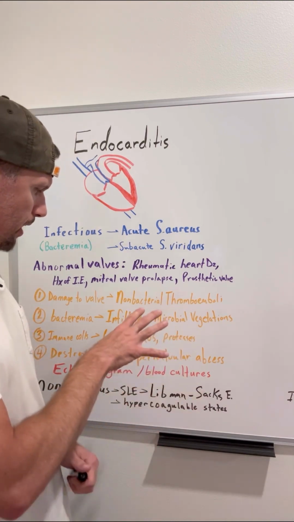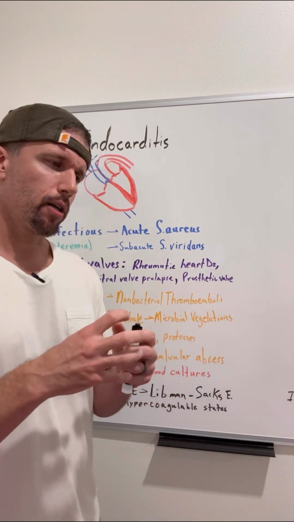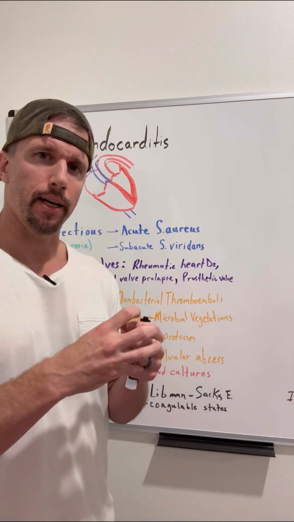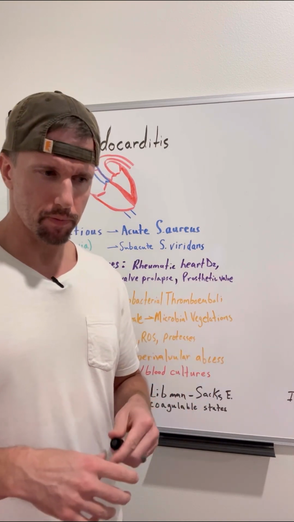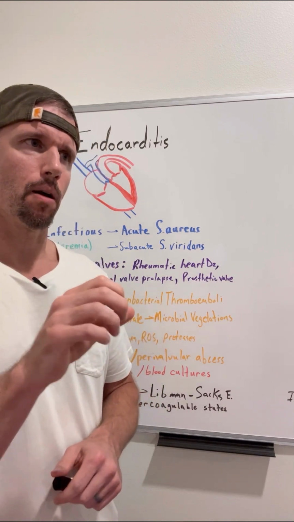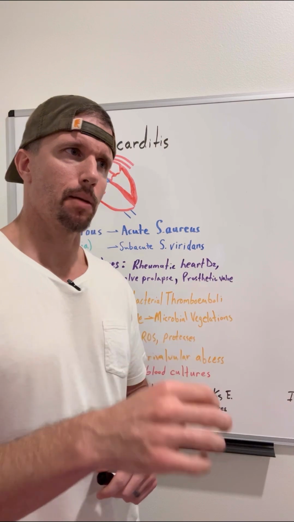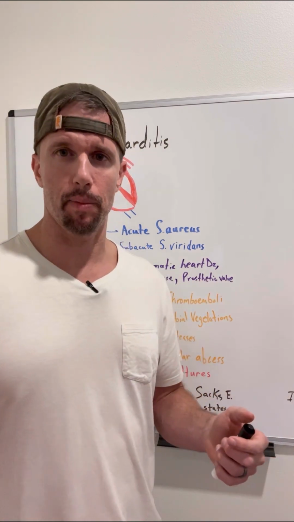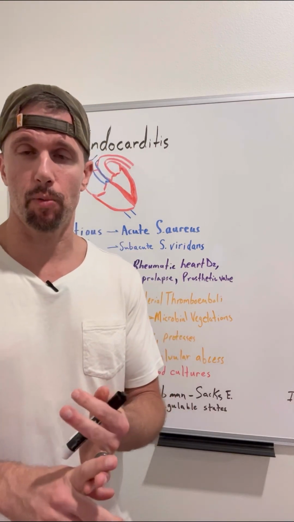So another thing that can happen is that as you start getting these vegetations growing on there, they can break off and embolize. It's called septic emboli. And most of the time, it's on the left side of the heart. So a mitral valve septic embolus or aortic valve septic embolus can break off, and it's going to go into systemic circulation. It could go up to the brain and cause a stroke and an abscess in the brain.